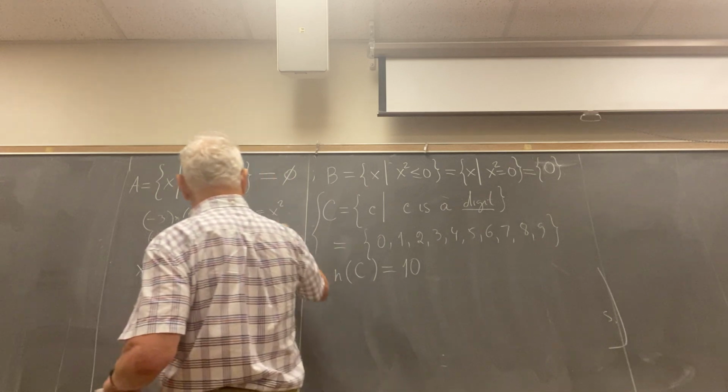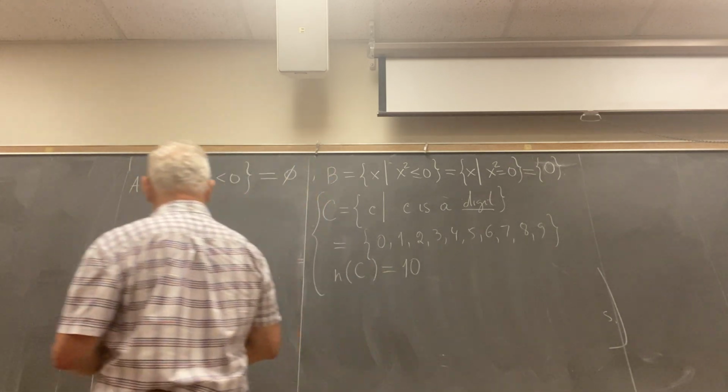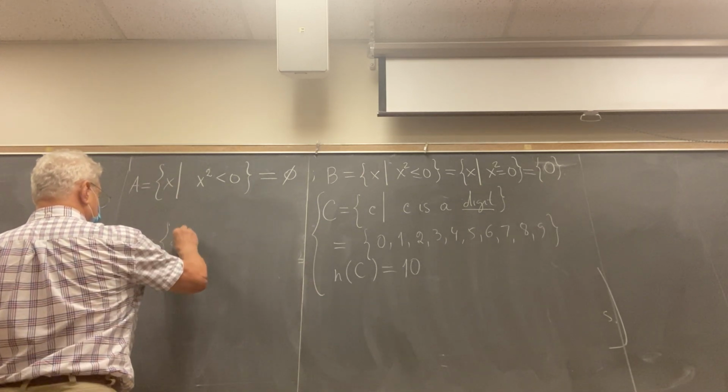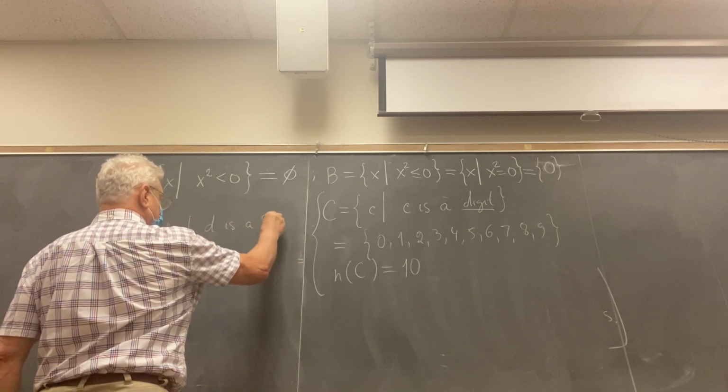Now let me give you a more complicated question. D is the set of all d such that d is a 2-digit integer.